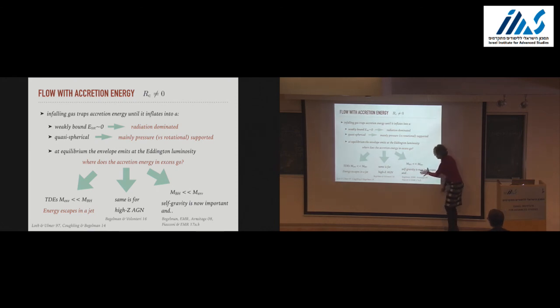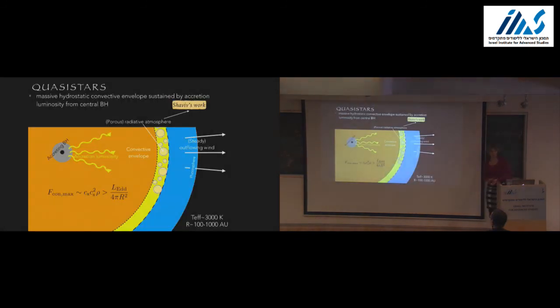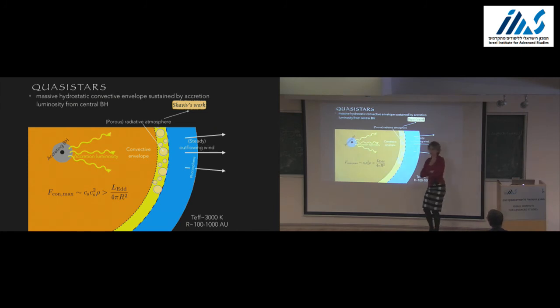So let's go to this object, which I've been working on. If you think about making black hole seeds in a proto-galaxy while the galaxy itself is forming, people have thought a lot about it. You have these cold flows, and in some conditions a substantial fraction of them can reach the center.